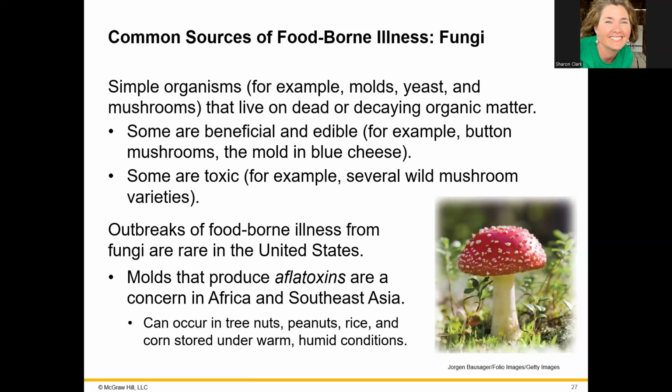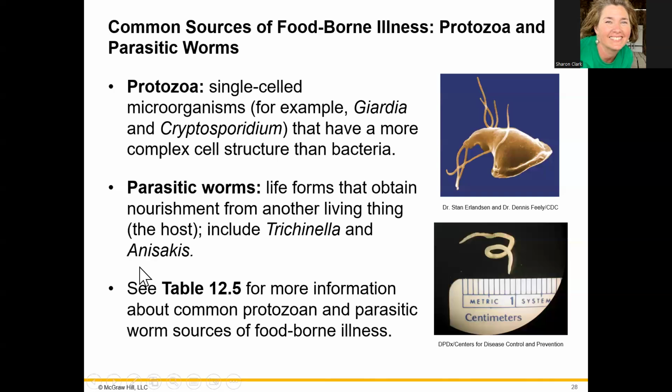Coffee aflatoxins, or mold in coffee beans, mold in coffee grounds. Then you have aflatoxins that can occur in your wheat, corn, rice. Remember, they need warmth, they need moisture, thus the humid conditions, and the food, and they'll go to town. So you need to watch out for aflatoxins.